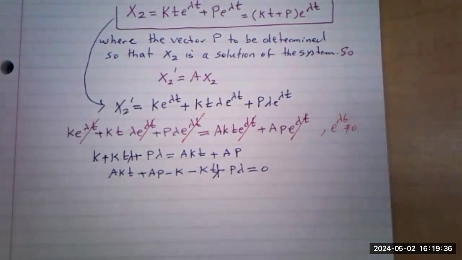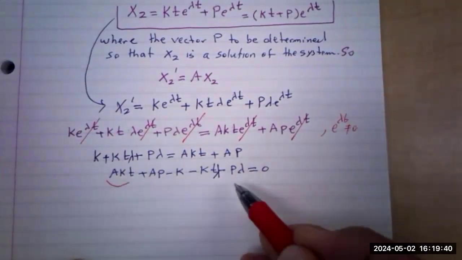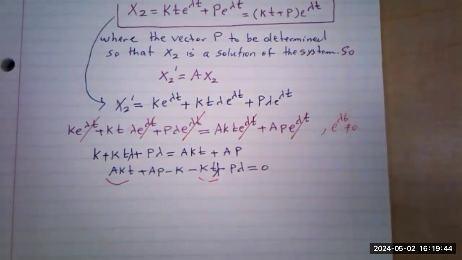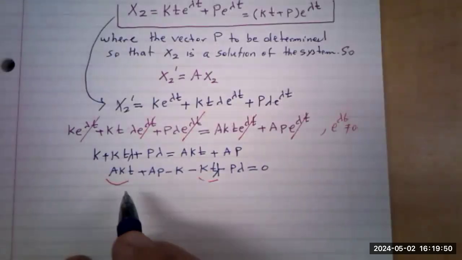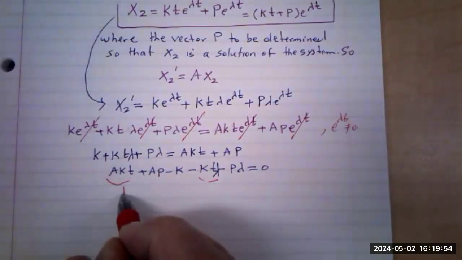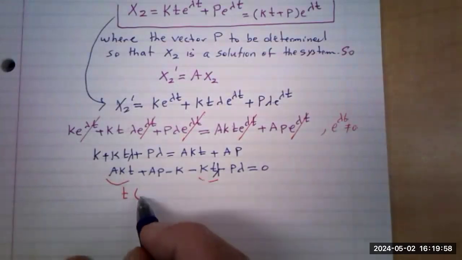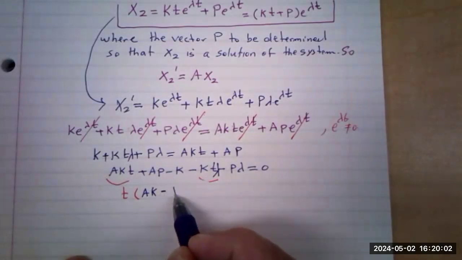Let's simplify it a little bit in this form. Look at these two, this one over here and this one over here. There is a t, we can factor out the t and put them together again. So the t goes out here, and the leftover is going to be a k minus lambda k, if you like.